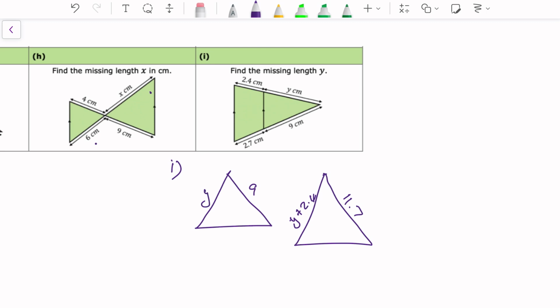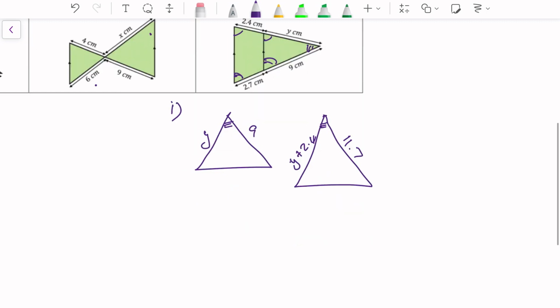They won't necessarily say to you in the question that these are similar triangles, just like in question H, but we know they are similar because we have a situation where those angles are equal because of your F shape, your corresponding angles. Likewise, those are equal. And then the top angle is common. Common angle is obviously the same in both triangles. So that would be the one up here in our little diagrams.